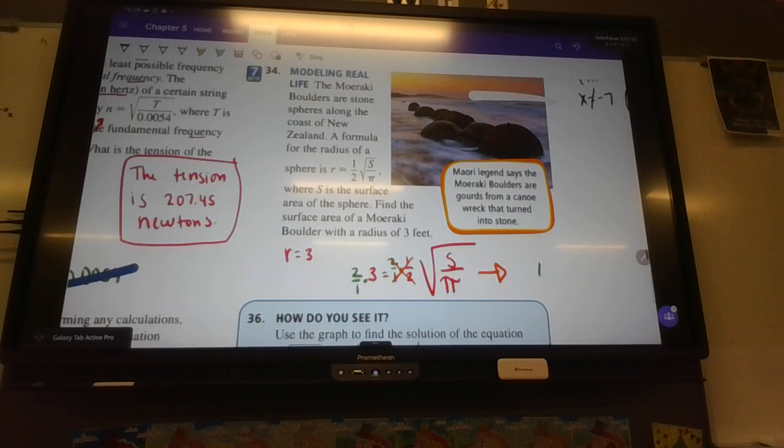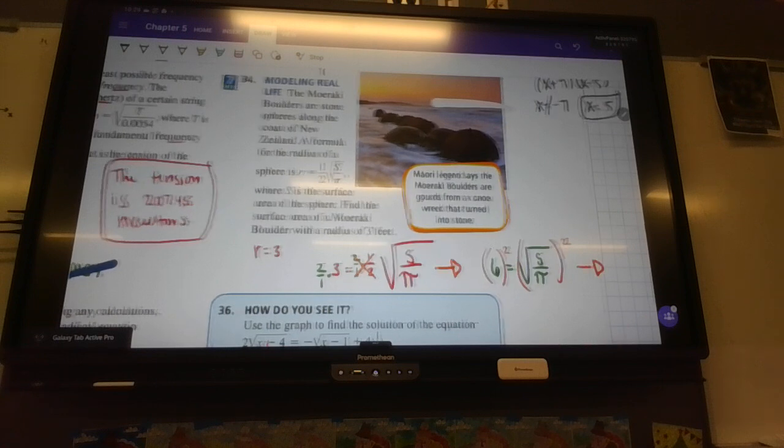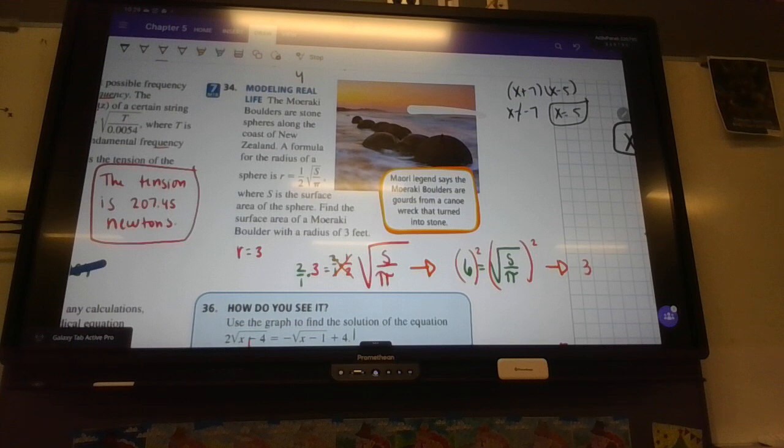So this is now 6 equals the square root of s divided by pi. How do we get rid of a square root? We square both sides. That's 36 equals s over pi.